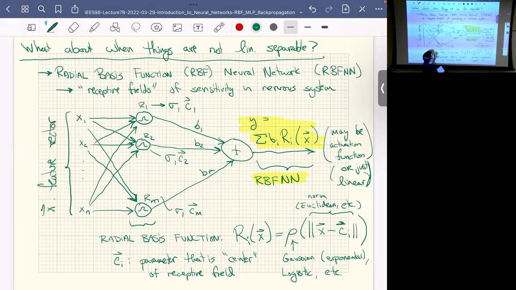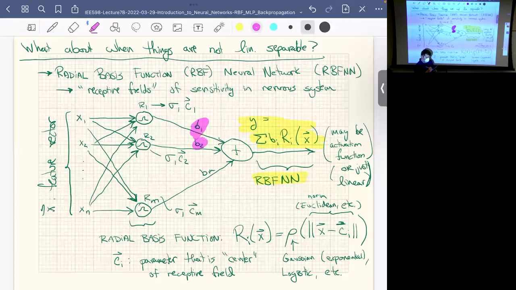And we push our feature vector through these radial basis functions, effectively saying, how close are you to this point? How close are you to this point? How close are you to this point? And then we take all of those closenesses, we weight them, and we get this here. So the trainable parameters are the weights and the centers.